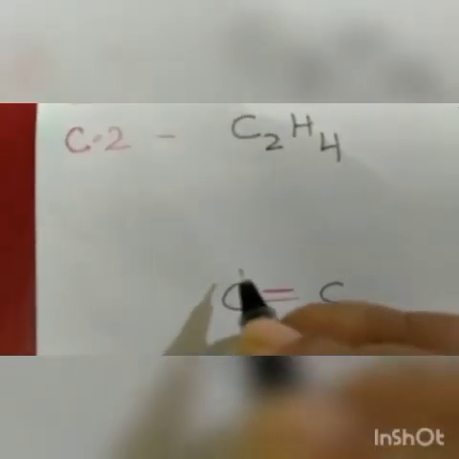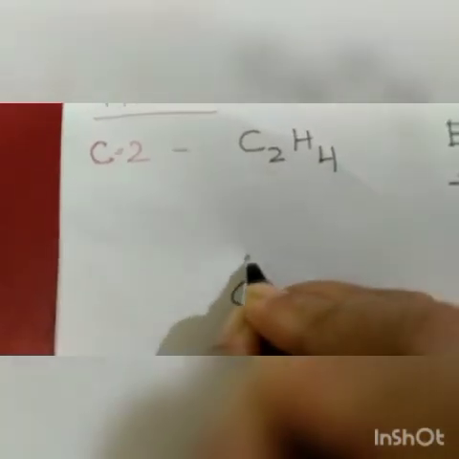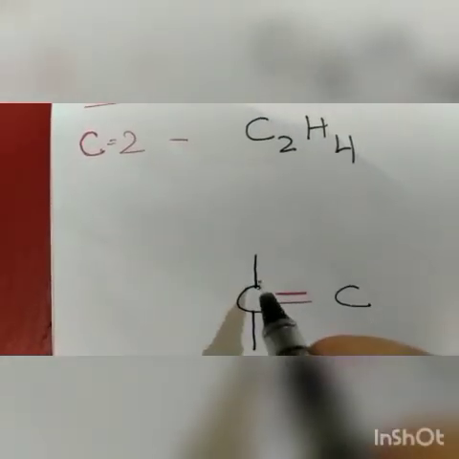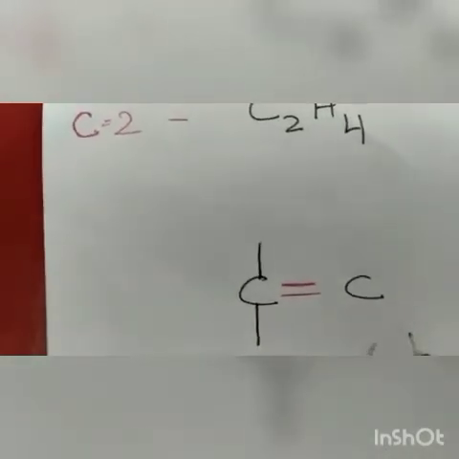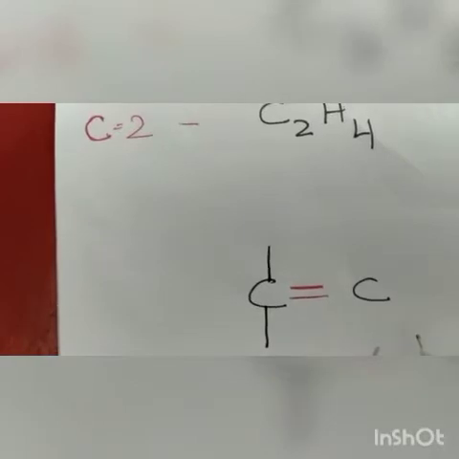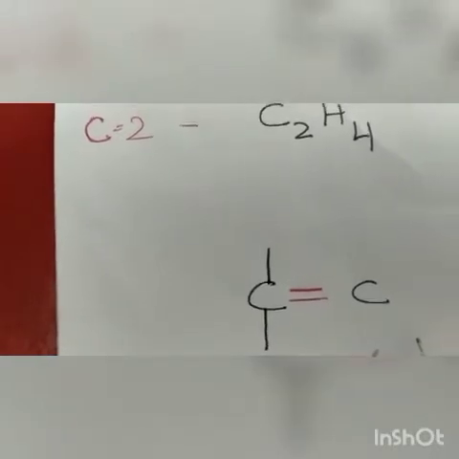So in this carbon atom, these are the 2 electrons, so 2, this will be third, this will be 4. Understood? Because I told you a single line means 1 electron, a double line means 2 electrons, and a triple line means 3 electrons.